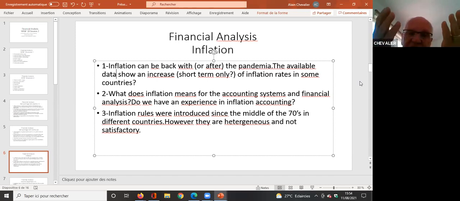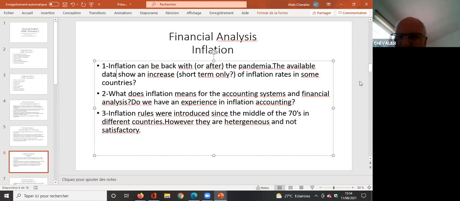So the question is there. We know that inflation has an influence on the accounts, such that the accounts lose part of their meaning and their utility, and it's difficult for financial analysis to measure returns or to measure debt capacity.